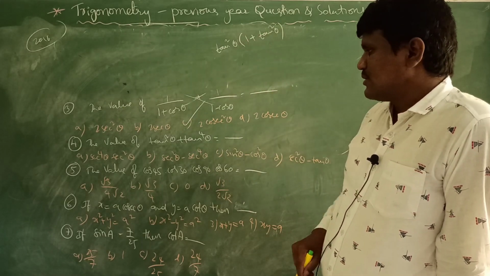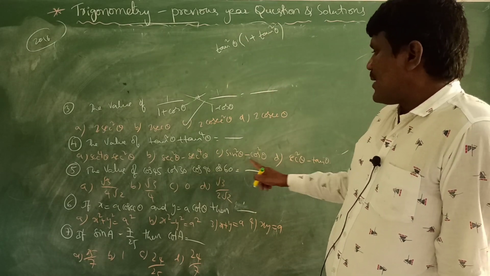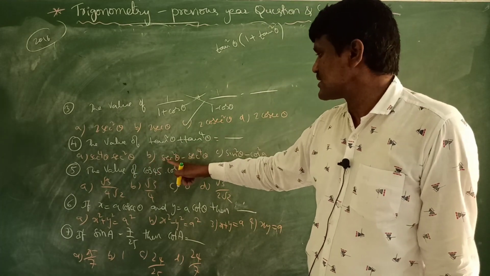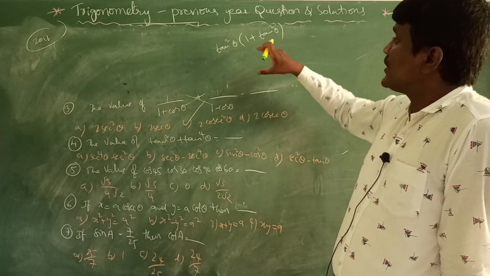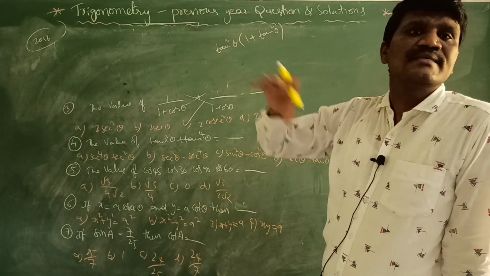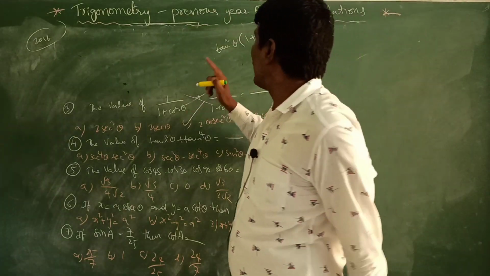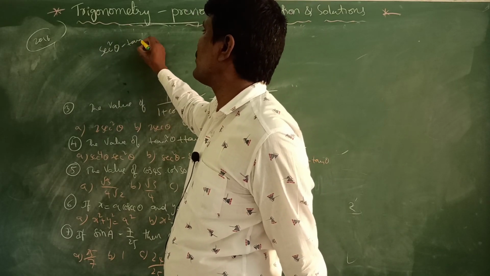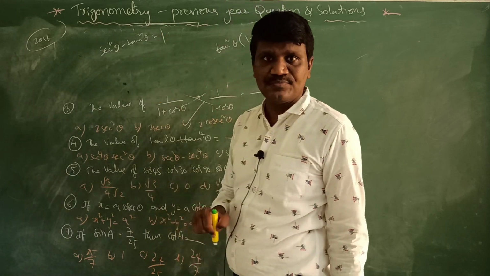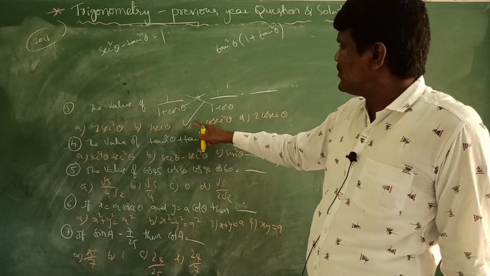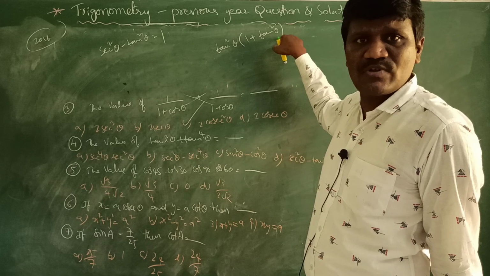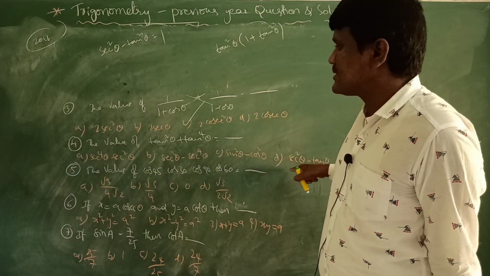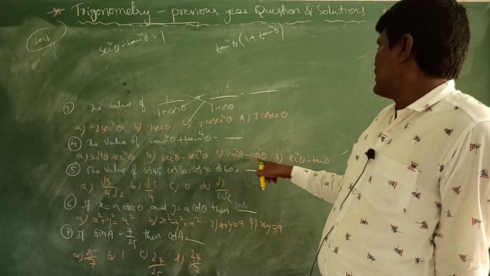If you observe, the options are only in sec square theta and sec power 4. So we need to convert this into secant square. So we know the formula. The second identity is secant square theta minus tan square theta is equal to 1. If it were directly in the options, this would be the answer. But in the options we have only secant square theta or cos square theta.